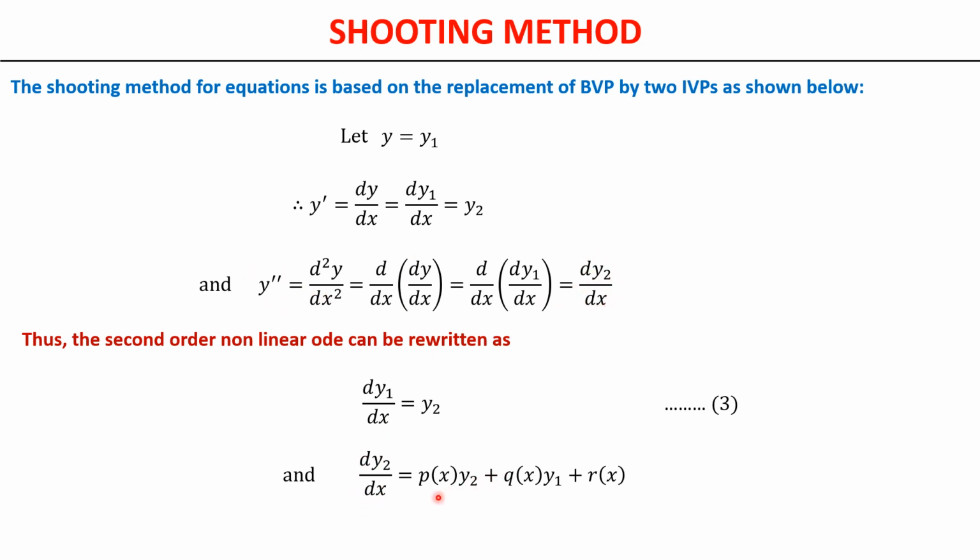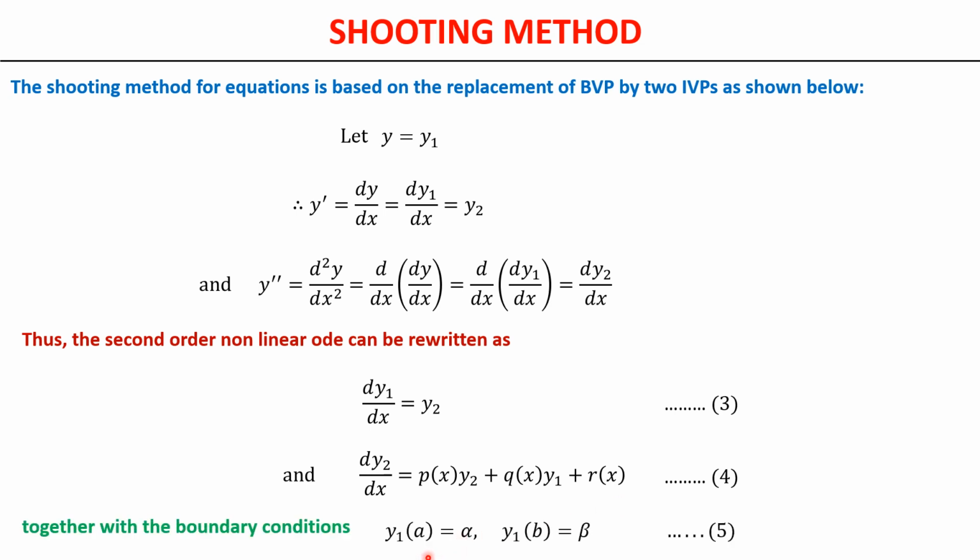According to the equation, it is p of x y2, where y2 is y dash, plus q of x y1, where y1 is y, plus r of x. The boundary conditions remain as they are for now. So in this slide, the second order ODE is now reduced into two first order ODEs, 3 and 4. But we still have to rewrite the boundary conditions in terms of two initial conditions. Only then do the problems become IVPs. Let's see that in our next slide.